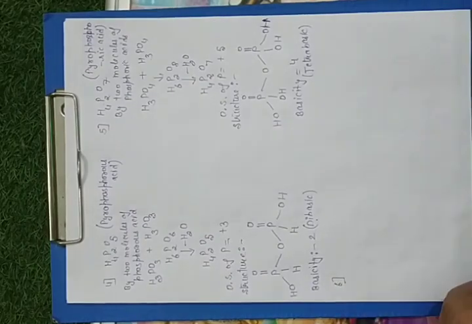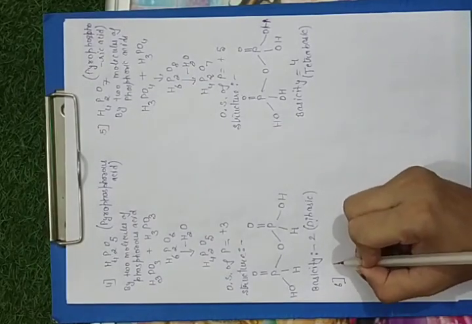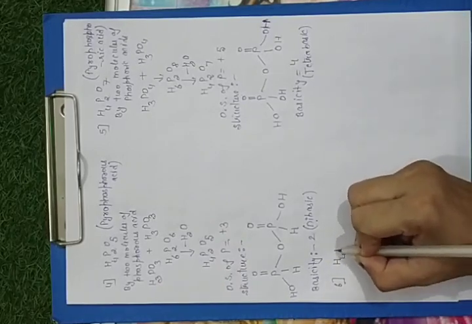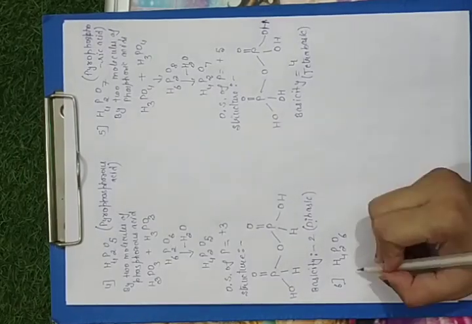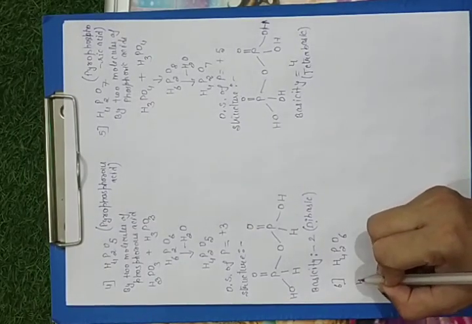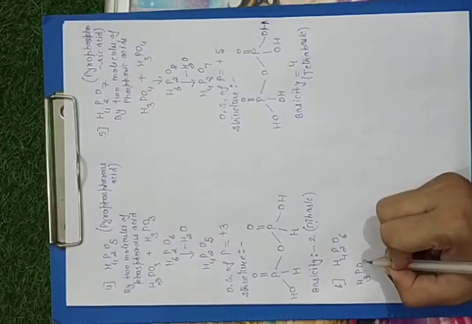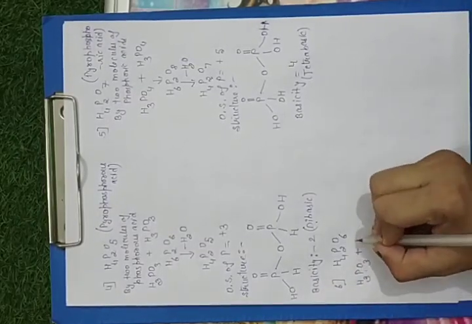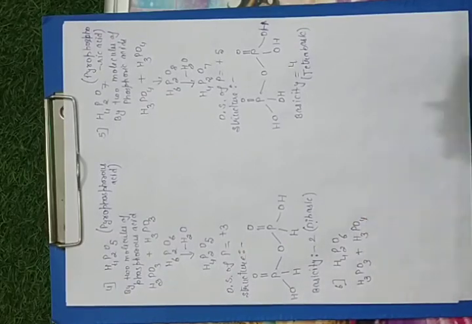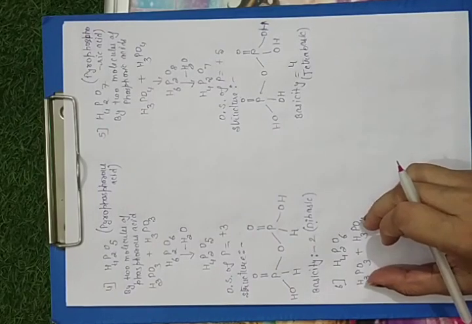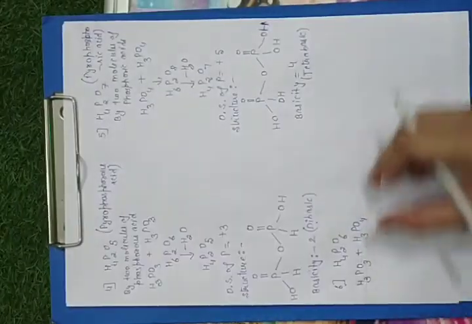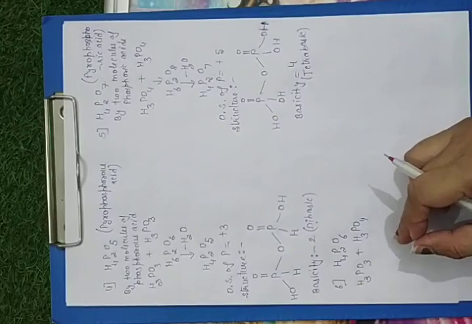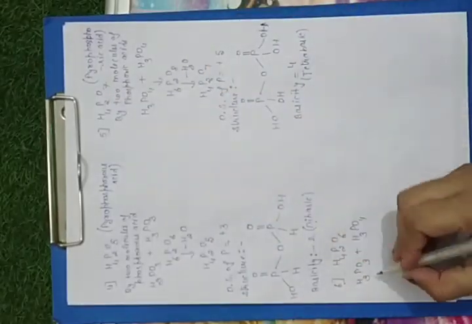6th, H4P2O6. For this, take 2 molecules of not the same, one of phosphorus acid and the other one of phosphoric acid. The oxoacids taken here are not the same. One is H4P2O5 and another one is H4P2O7, phosphorus acid and phosphoric acid.